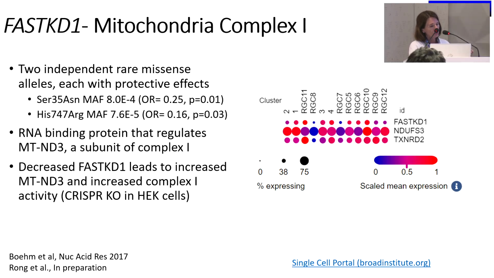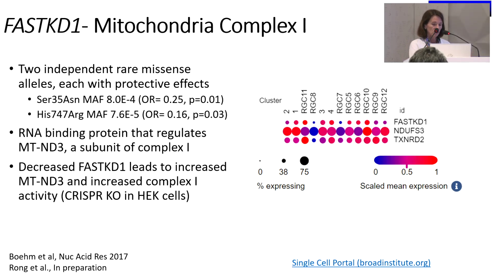And this is a protein that regulates a subunit of complex 1. Decreased FASTKD1 leads to increased mitochondrial ND3, which is one of the subunits, and increased activity. And this has come from some functional studies carried out in HEK cells using CRISPR.